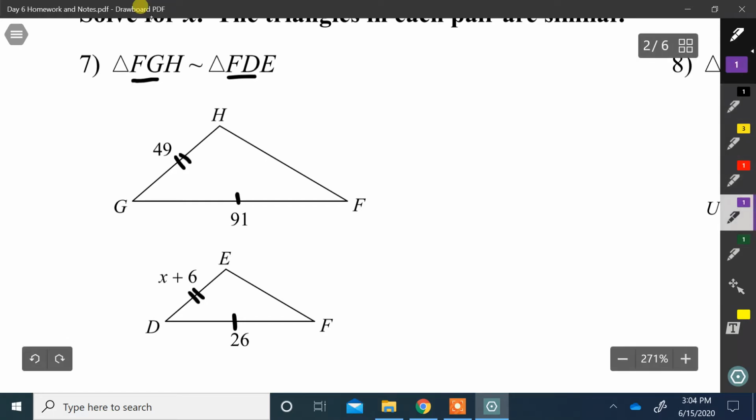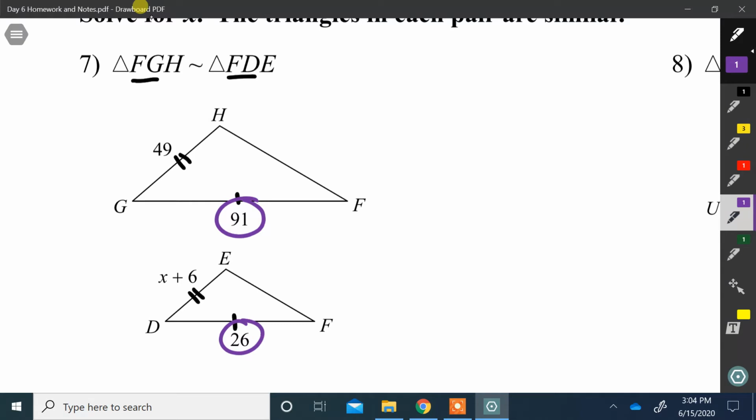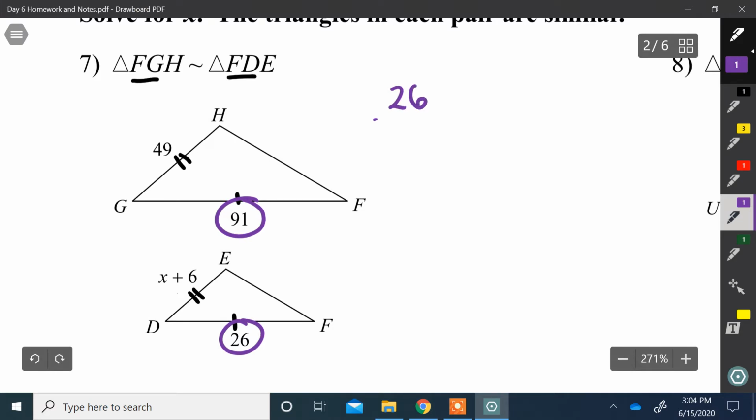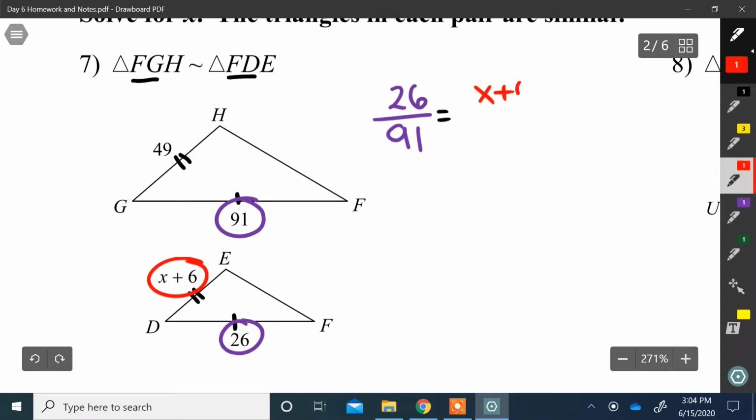Well, we can put 91 over 26. Actually, let me start with 26 because I always like the x's to be on top. So 26 over 91, you will still get the same answer, but I just like it this way better. And then x plus 6 over 49.